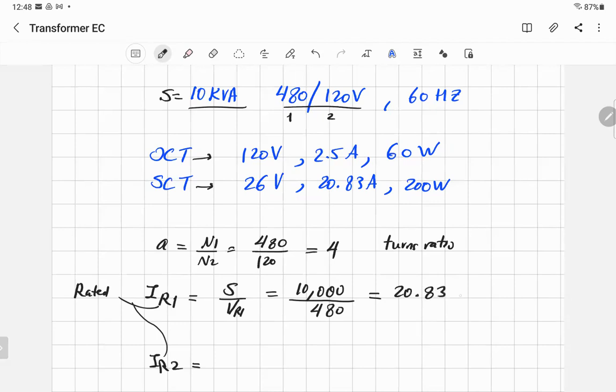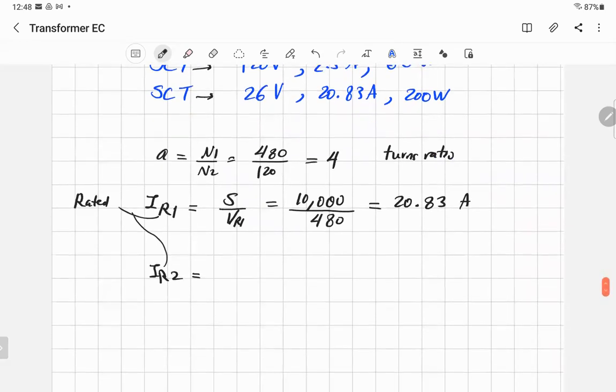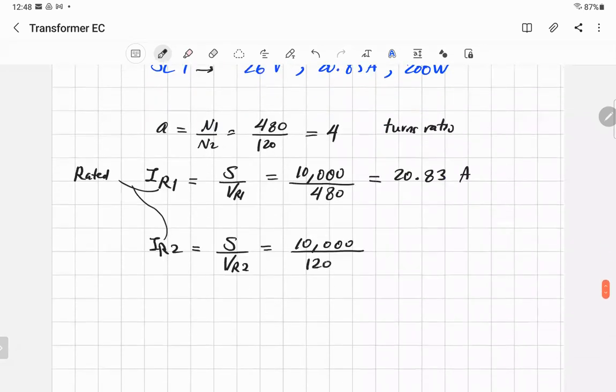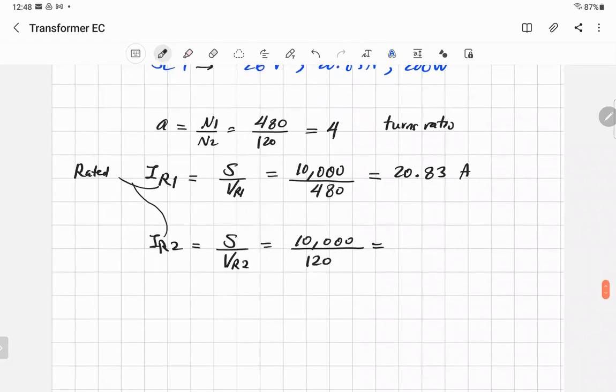If you have calculators, you can check me. That's IR1. For IR2, you divide the apparent power by the rated voltage on the second side: 10,000 volt-amps and the rated voltage on side 2, 120. Obviously we are going to have a higher current. That will be 83.33 amps. So that's the first step you do.